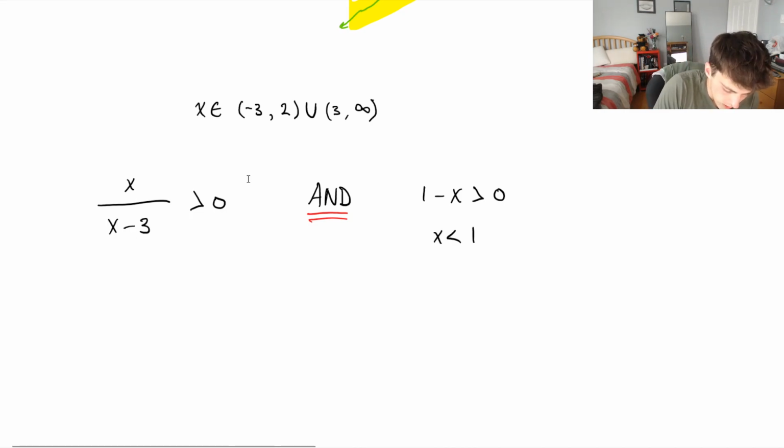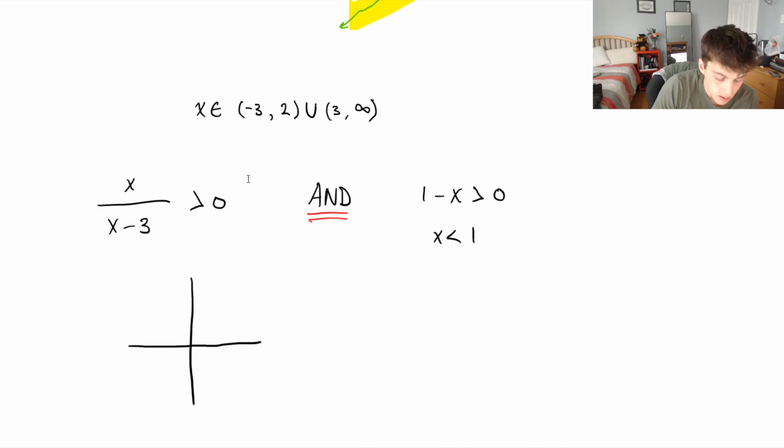Okay, well, I always like to graph things. We've got x here. So this is the numerator. And then we've got green as our denominator. So this has an intercept at 0. And then x minus 3 will have an intercept at 3.